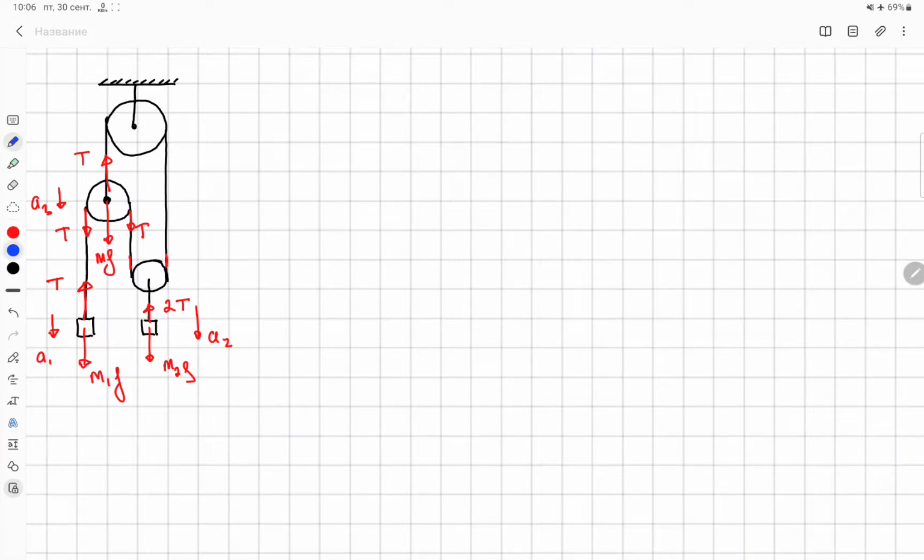Now let's write Newton's second law for all these three objects. Let me start with object 1. We said that it's moving downward, so m1g is greater than tension. That's why m1g minus T equals m1a1. For the second object, m2g minus 2T equals m2a2.